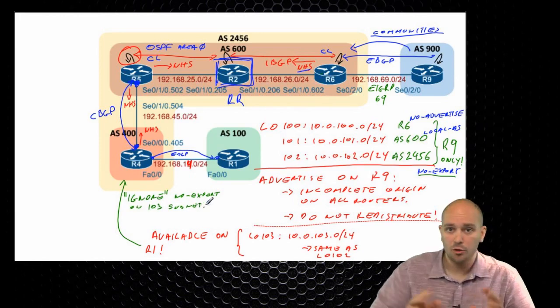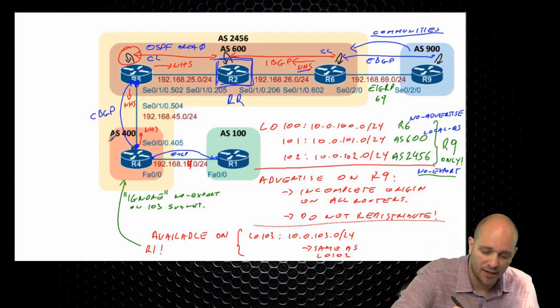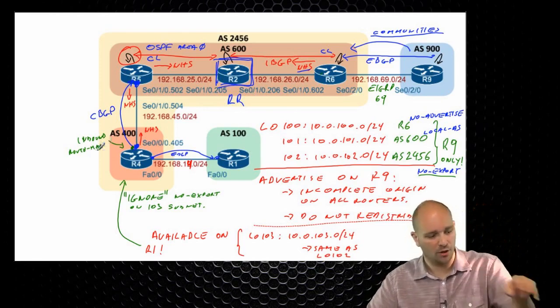Well, to do that, what I need to do is actually configure an inbound route map to take care of it. So let me show you how that will work.